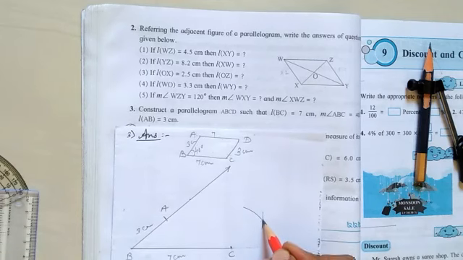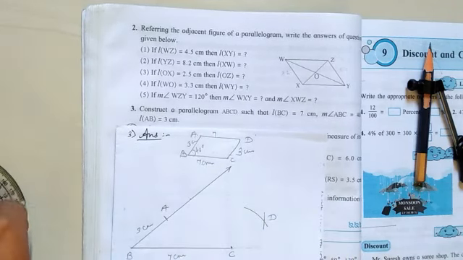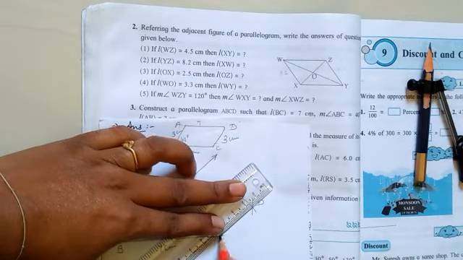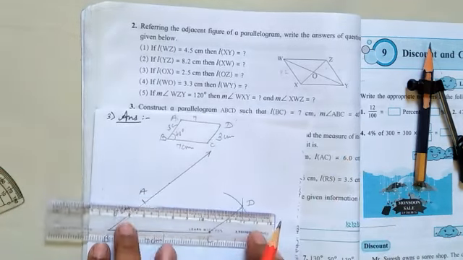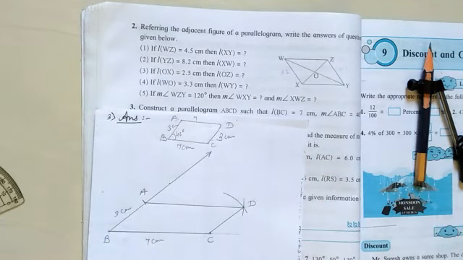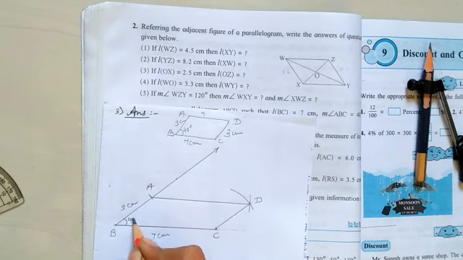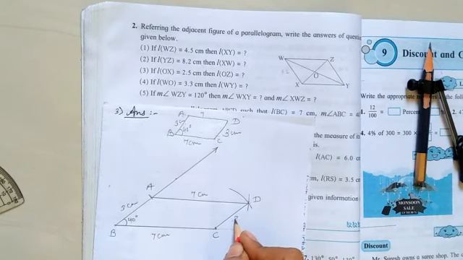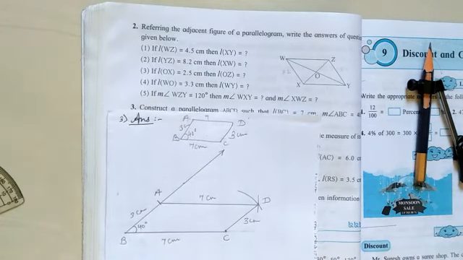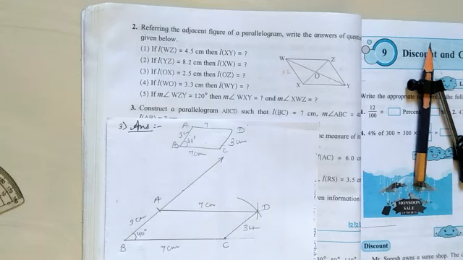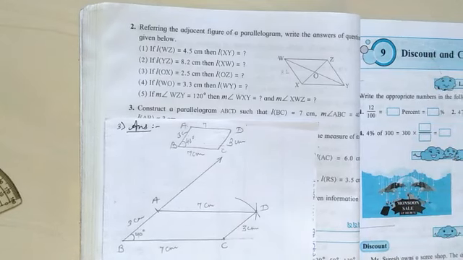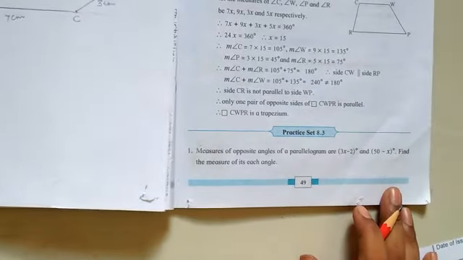So here we got the point D. Join the point D to C and D with A. Write down the measurements: 40 degree, 7 centimeter and 3 centimeter. Like that you can construct the quadrilateral ABCD. If you want, you can take out a screenshot and write it in your classwork notebook. Like this way, our practice set number 8.3 is over.